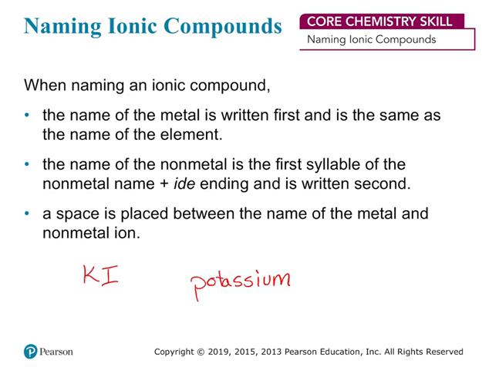And then we're going to add IDE on the end. So this would be potassium iodide. So iod is the first syllable of iodine, and then IDE is added at the end. And then we do leave a little space in between the metal and the nonmetal.